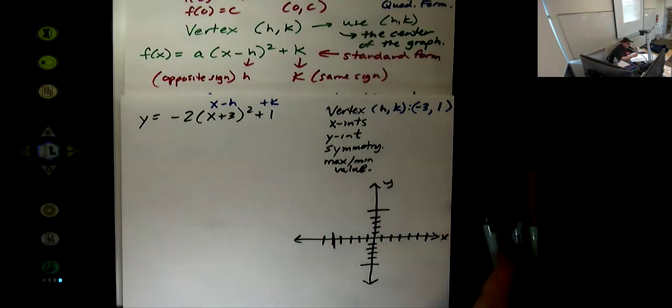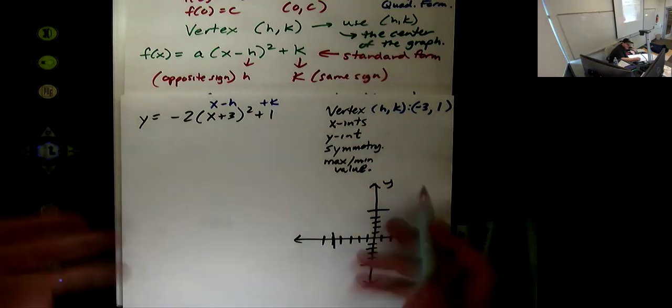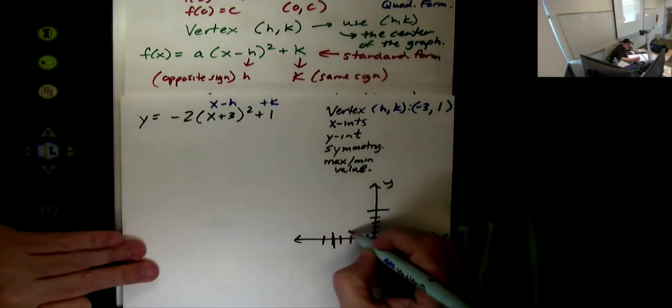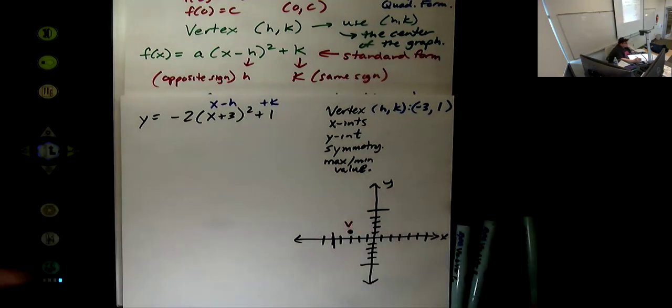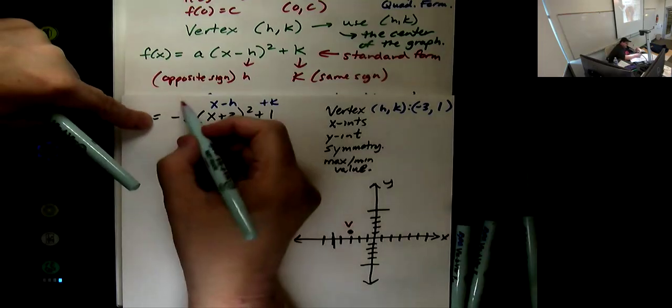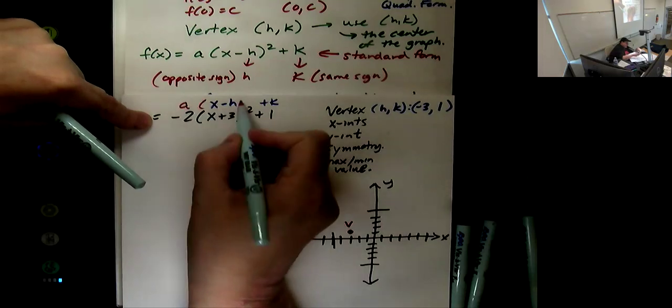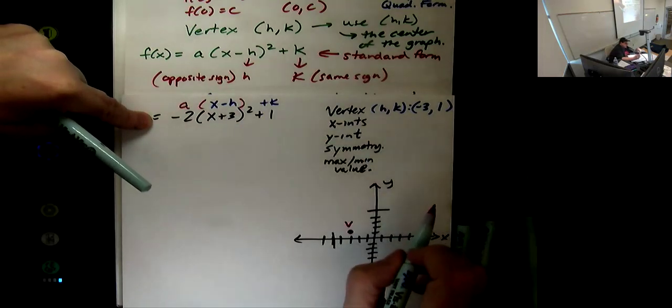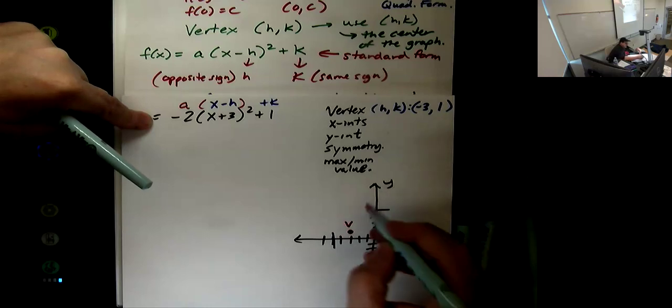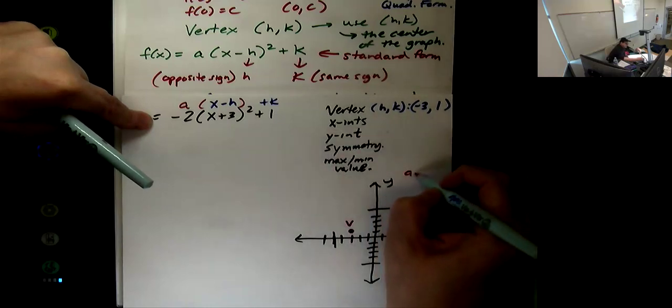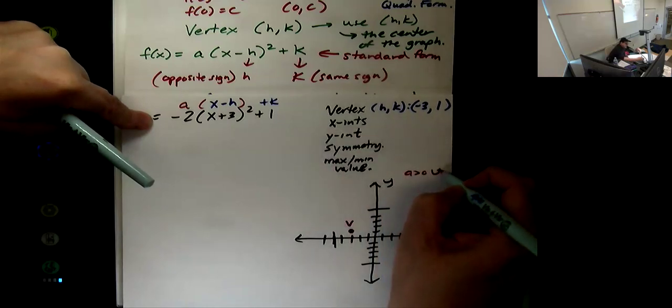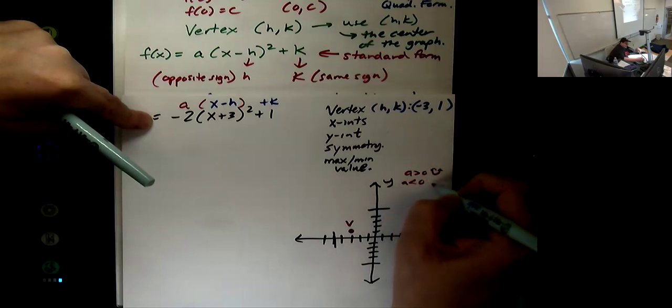So we'll put a point down for the vertex right there. -3, 1. I'm going to call it B for vertex. This is my A. Recall, if A is greater than 0, the graph goes up, and if A is less than 0, it goes down.